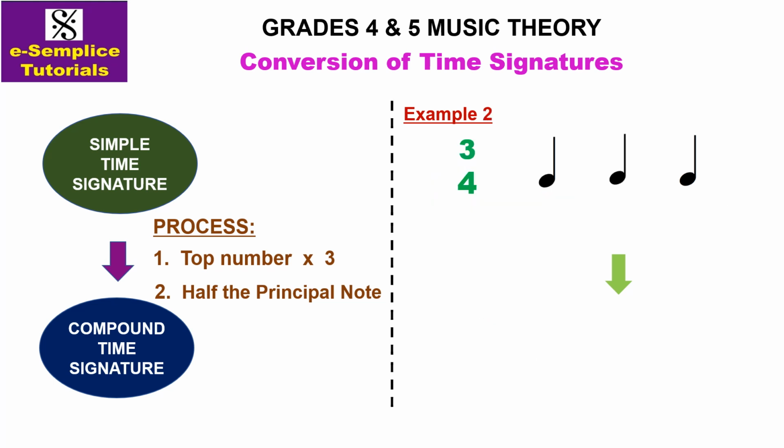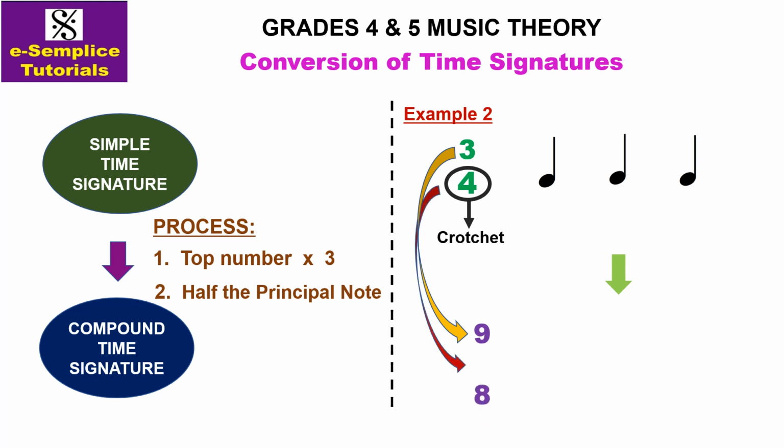We are now looking at 3/4 time. Remember step 1, multiply the top number by 3. You have 9. Then the principal note here is a crotchet. If you have the principal note, half the crotchet means you are going to have a quaver.